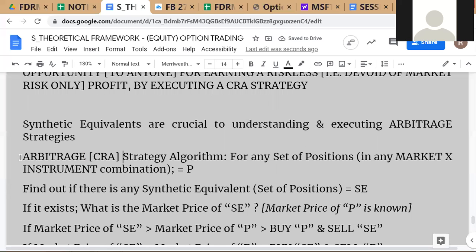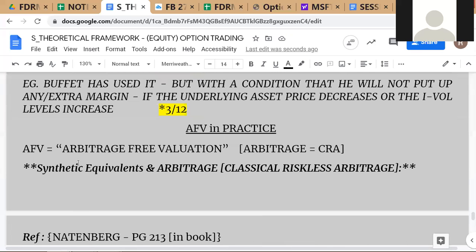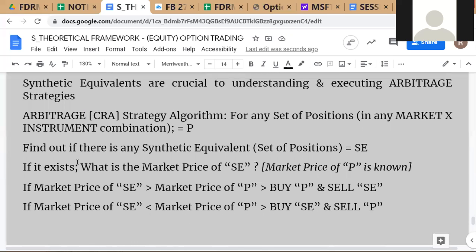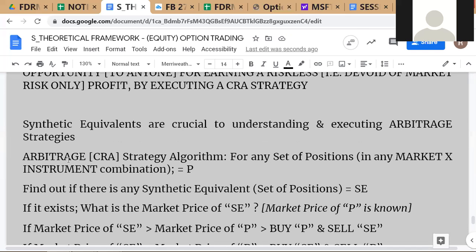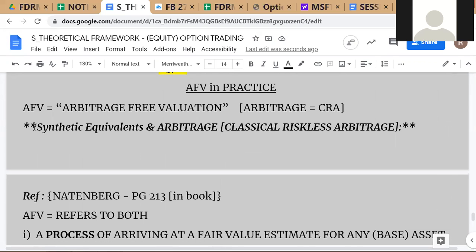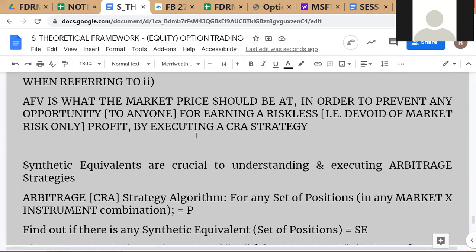We can put that in brackets here, making sure that we understand what a CRA strategy is.